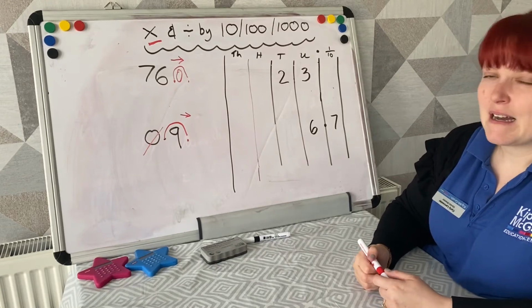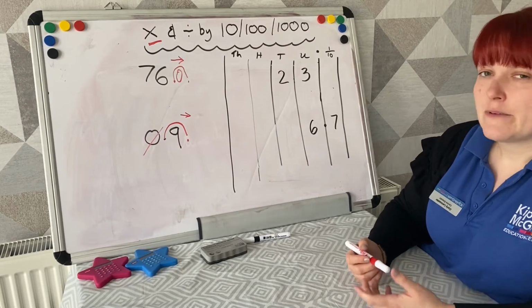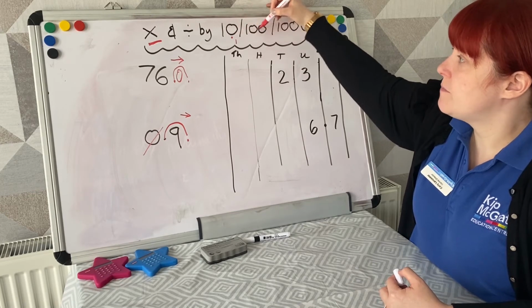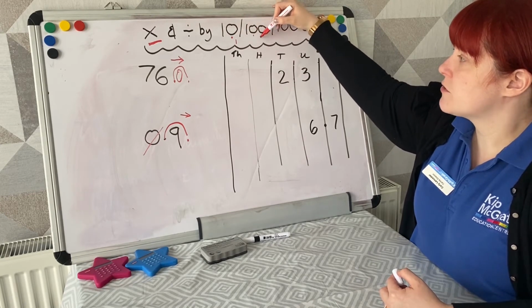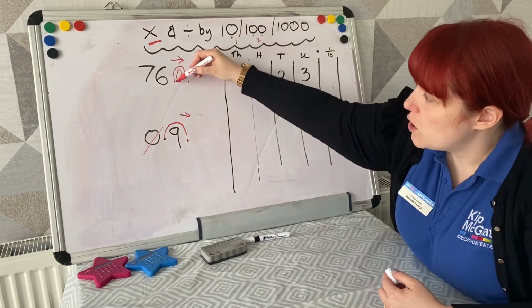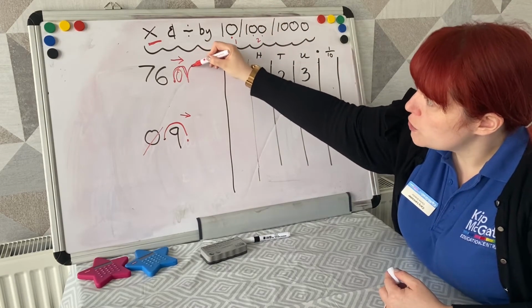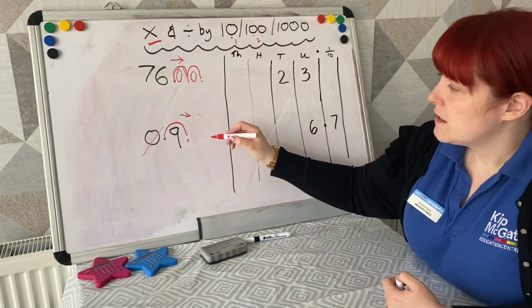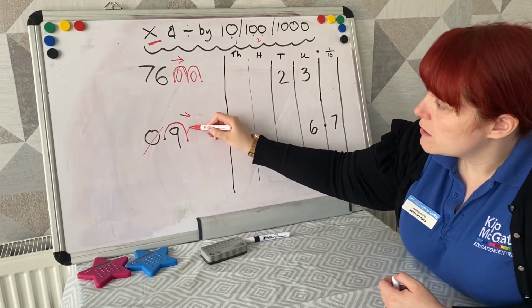If we were to times by 100 rather than 10, I would say to the children, okay, well when we times by 10, we moved one place because there's 1 0. On this one, there's 2 zeros, so I moved 2 places. So 1, 2 this time. So now I have 7,600. This one, 1, 2.